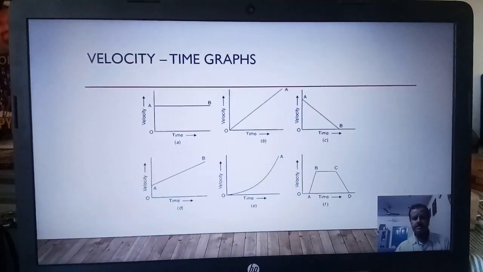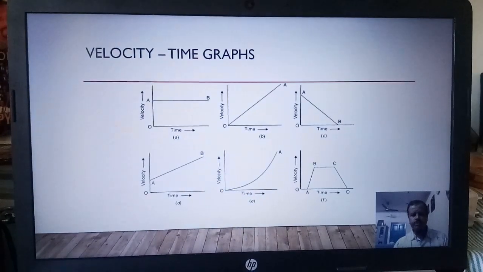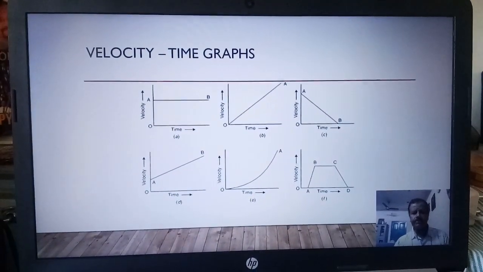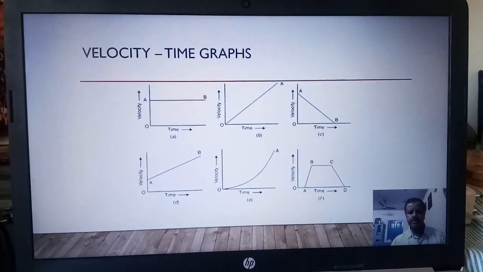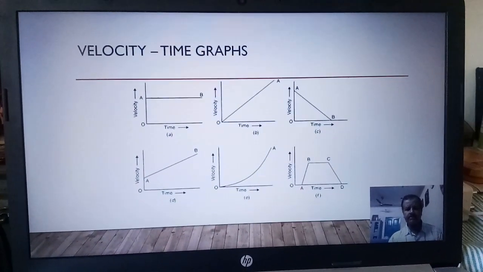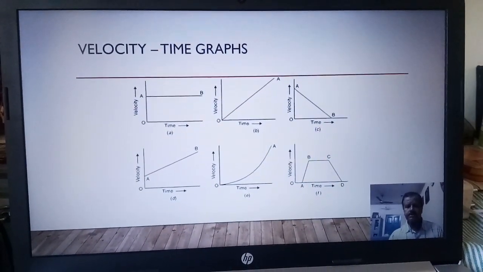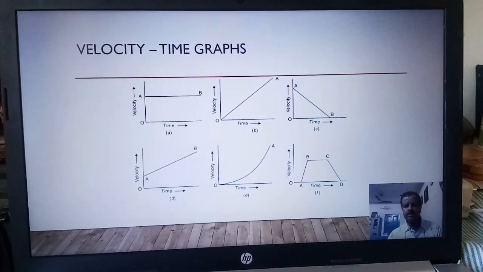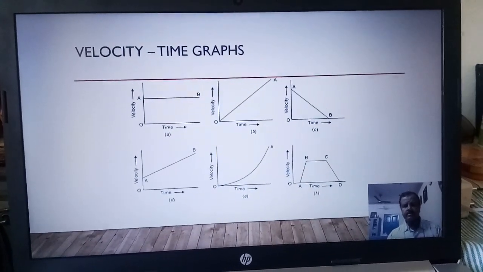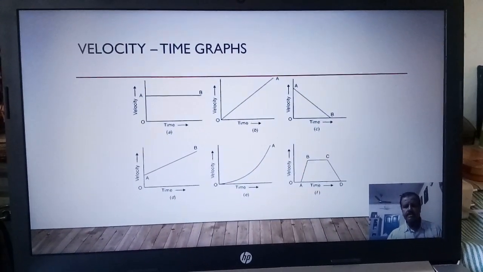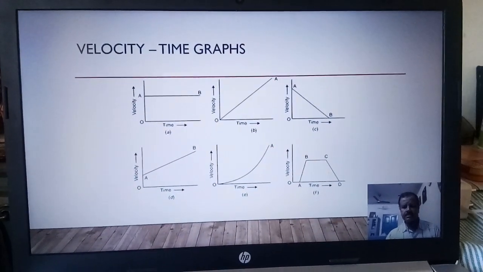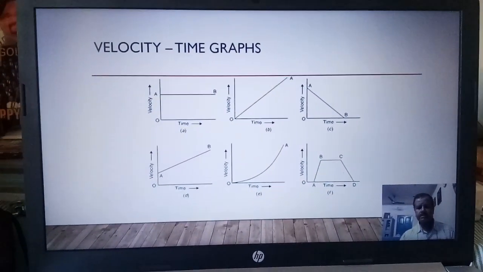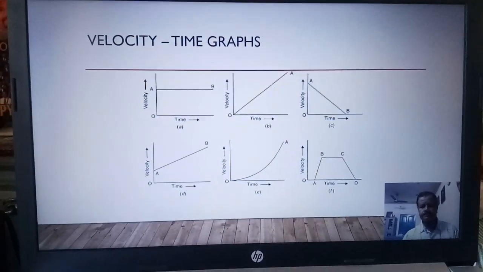So that represents an accelerating motion, and it is going to be uniformly accelerated motion. The acceleration of this second graph is constant and uniform. Similarly, in the third one there is a decrease in velocity, and it is again a straight line graph, decreasing. So this represents negative acceleration.